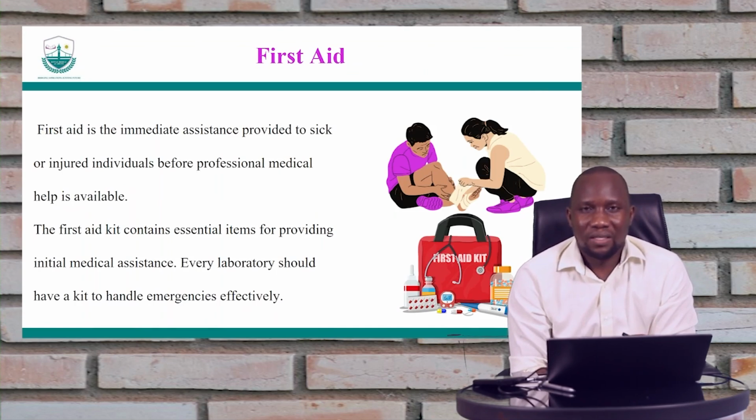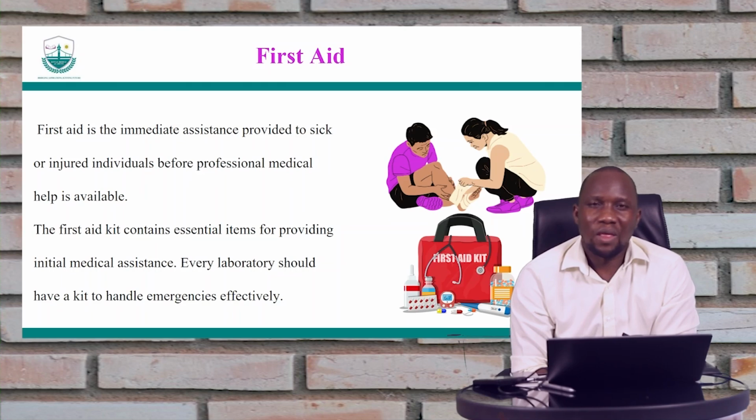When the injury happens, of course, it has to be treated. In most cases, it can be your friend who is around and he will be the one to help you treat that injury. It can be your teacher, it can be your school nurse to give you that first aid that you need.